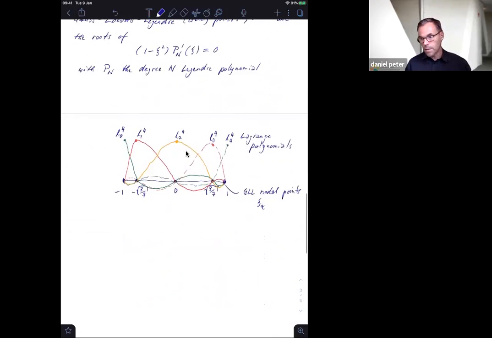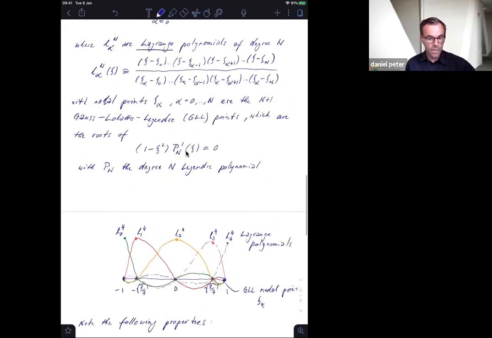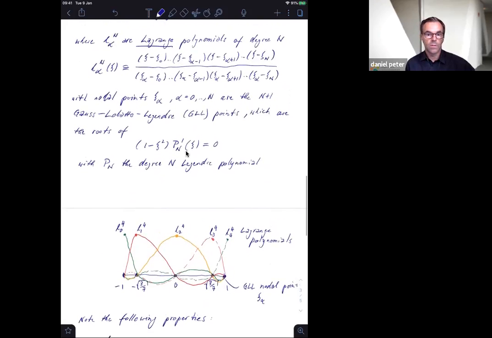So there are two properties that are important with these polynomials. The first one is that our Lagrange polynomial is only one on its associated nodal point and zero on all the other nodal points.